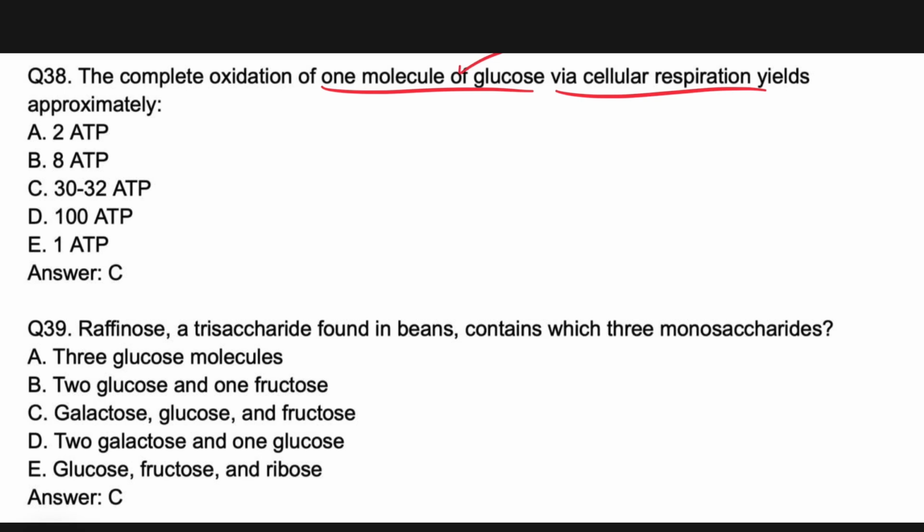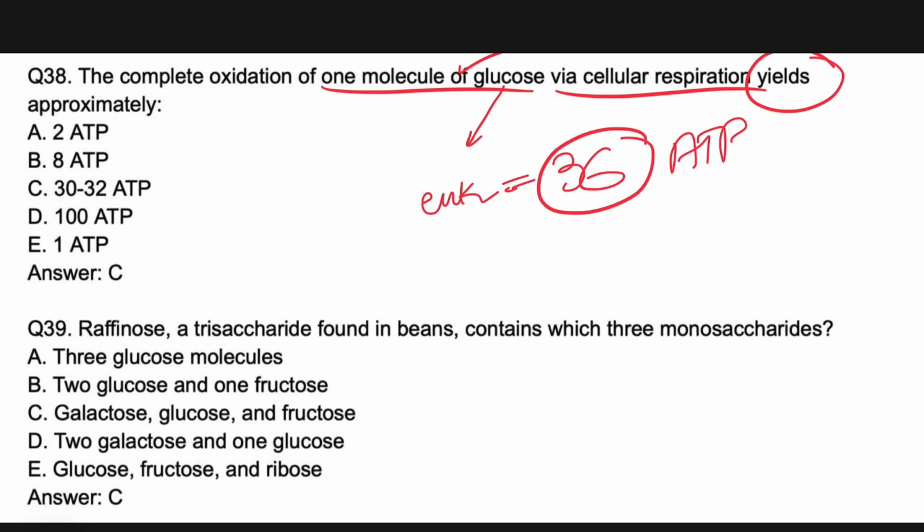If you break down one molecule of glucose in the presence of oxygen, then it's going to yield, that means give, how many ATP approximately. In a eukaryotic cell, you're going to get about 36 ATP from one glucose, and in a prokaryotic cell it's going to give you 38 ATP.